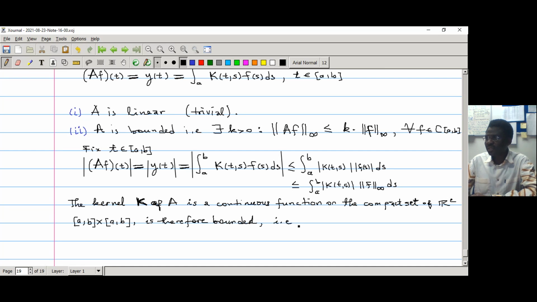So if it's bounded, what does that mean? It means that we can find a positive M such that in absolute value, K(t,s) is less than or equal to that capital M. That is true for any t and s, both in the closed interval AB. Okay.